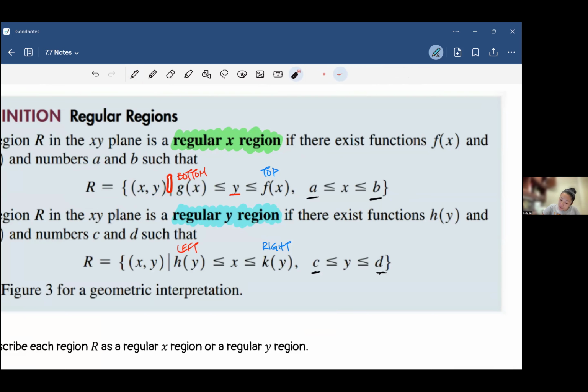And then we're going to draw this line, which is a really fancy way of saying such that. Then we put in our top and bottom functions sandwiching our y, and then a comma, and then our a and b numbers that sandwich our x. It's a lot, but let's walk through one.